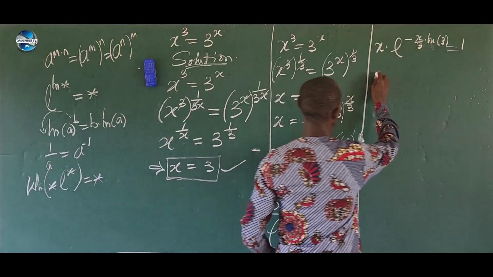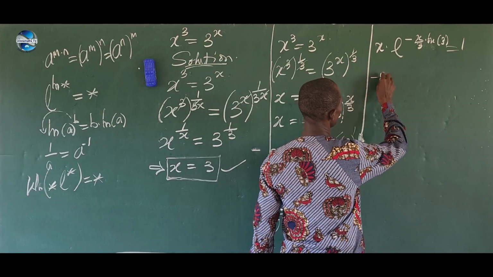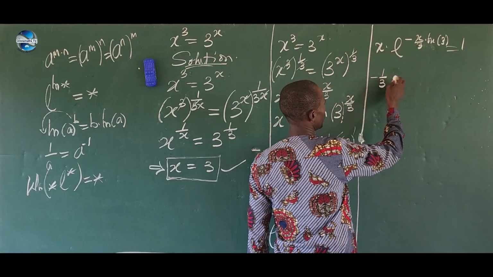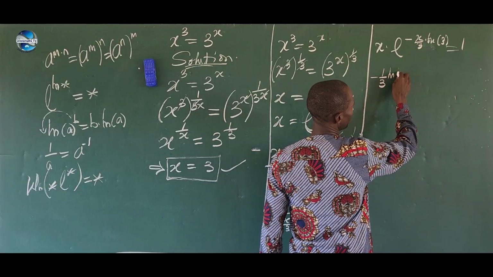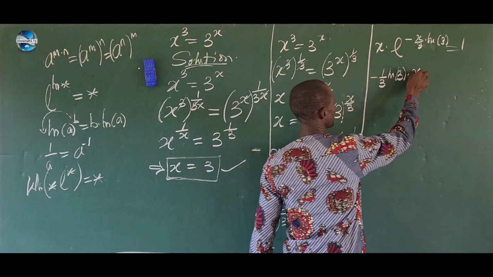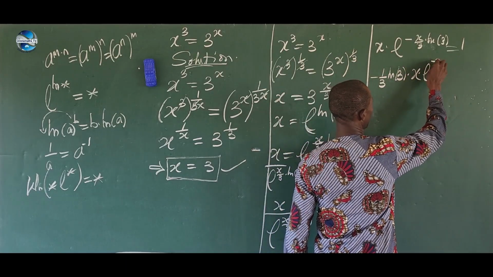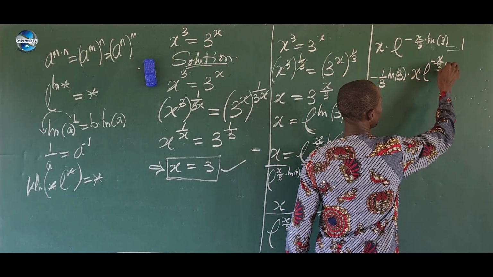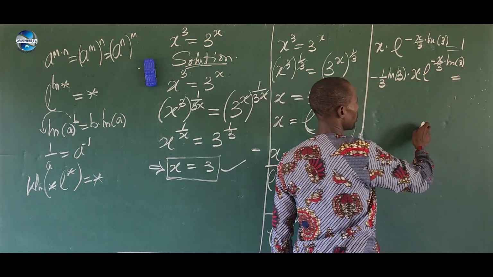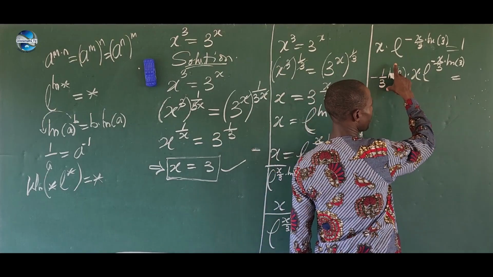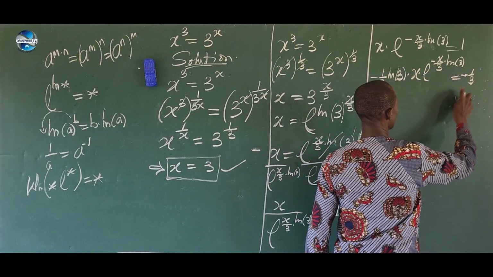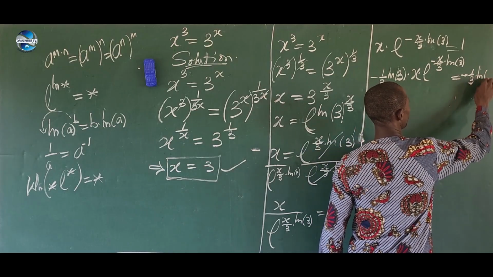If we do that, this is going to give us minus 1 all over 3, we have x here already, then the ln of 3 times x times e raised to the power of minus x all over 3 times the ln of 3. This is equal to, we multiply everything we have in here, same thing here, so we have minus 1 all over 3 times the ln of 3.